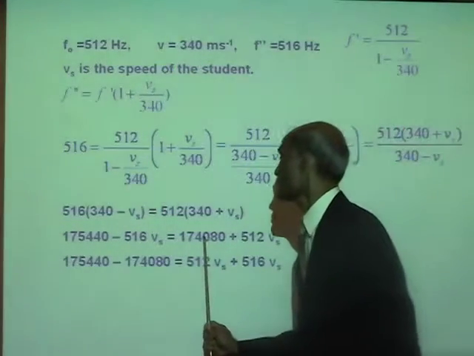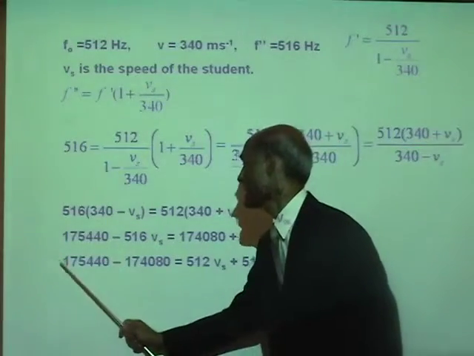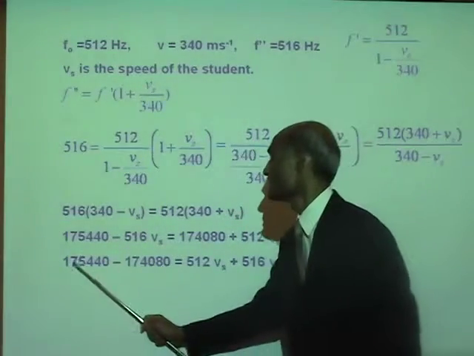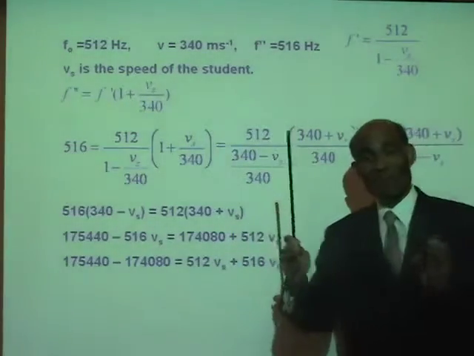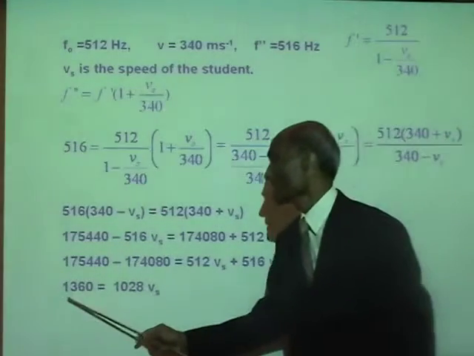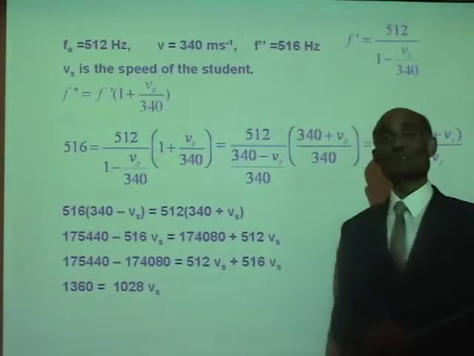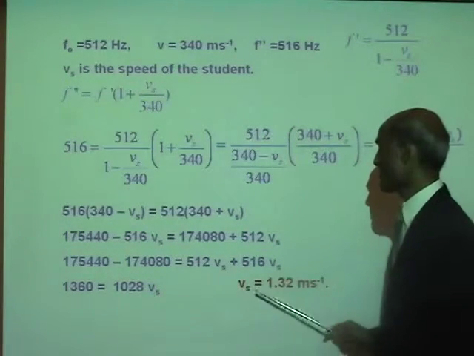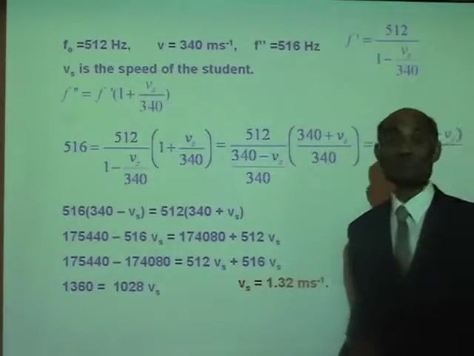I took 174,080 to the other side. Now that's the left hand side, the numbers alone. And on the right hand side, I'd combine terms in Vs. What does that give you? 1,360 equal to 1,028 Vs. And therefore, Vs is 1.32 meter per second.